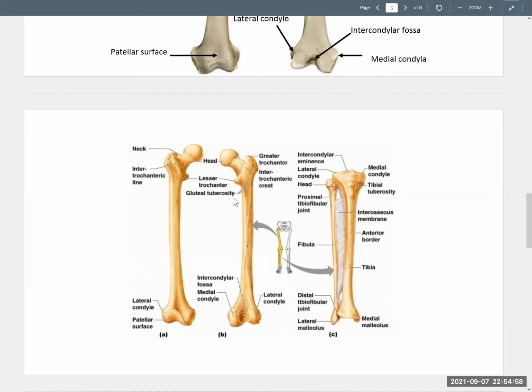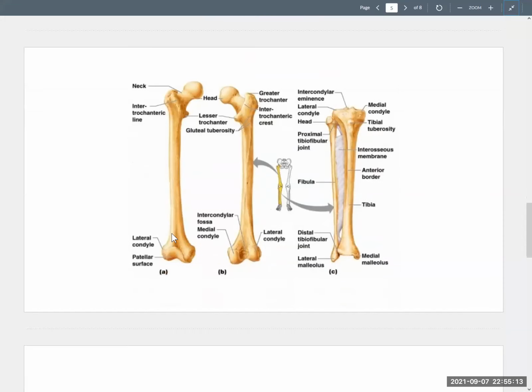It's not on the sheet ahead of you, in the link that's right ahead of this. If it's not on there, I can't ask you. Down at the distal end, here's the lateral condyle and patellar surface. This is the medial condyle on the medial side, lateral condyle, intercondylar fossa.